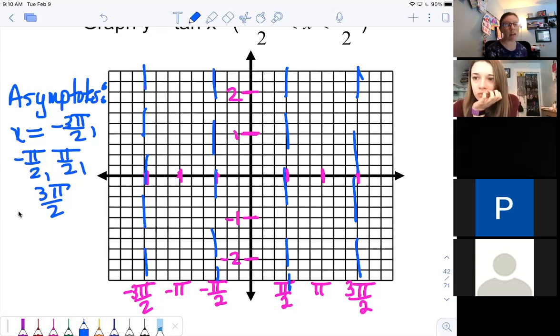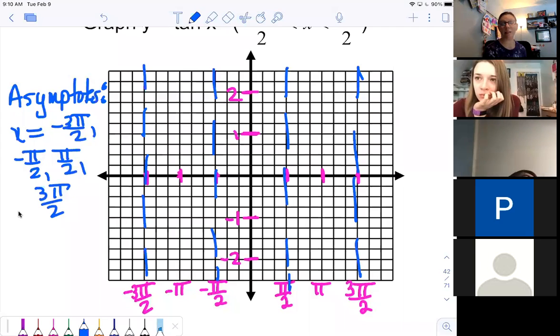Directly in the middle of every asymptote is an x-intercept. So if you look at the pair of asymptotes, the middle of them will always be the x-intercept, no matter what. So if I go to the middle of each asymptote, I would have an x-intercept in the middle of each one of those.